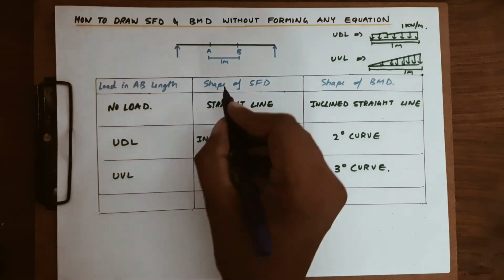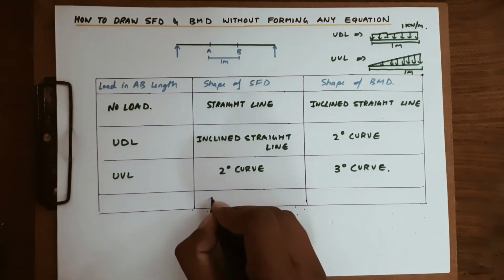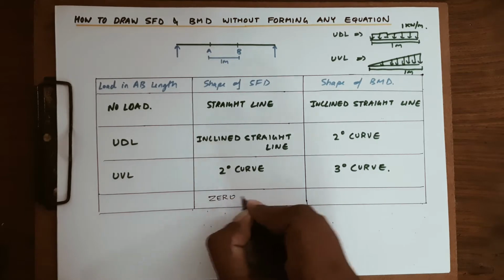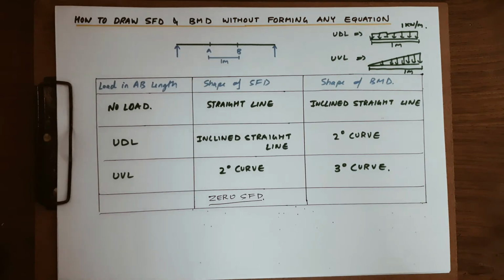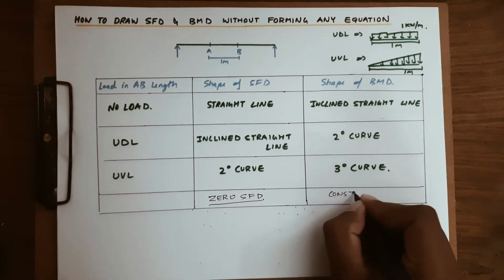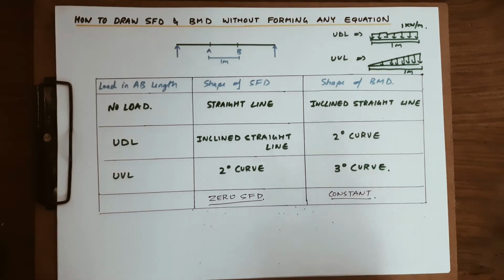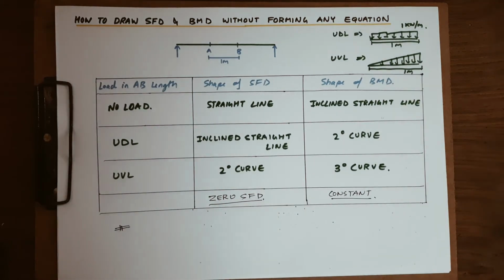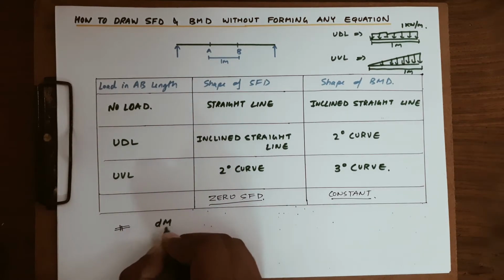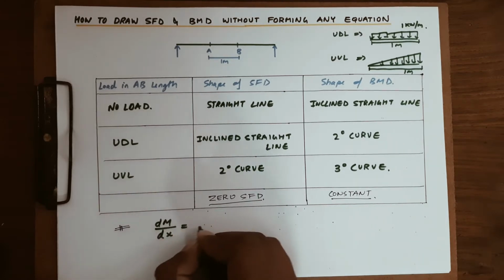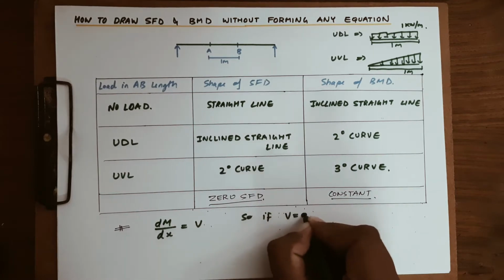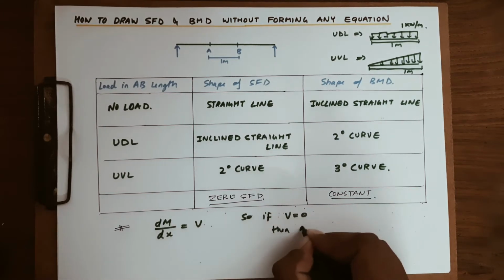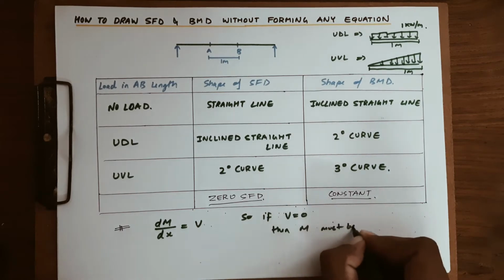Now if SFD is 0, let's say the shear force diagram becomes 0. So now what will be the shape of BMD? It will be constant. Now how are we getting this result? So we know that dM by dx is equal to V. So if V is 0, then M must be constant.